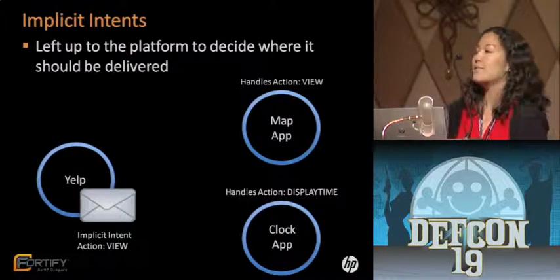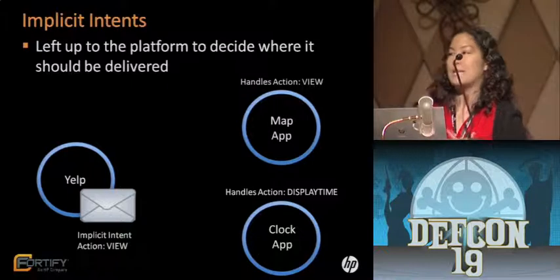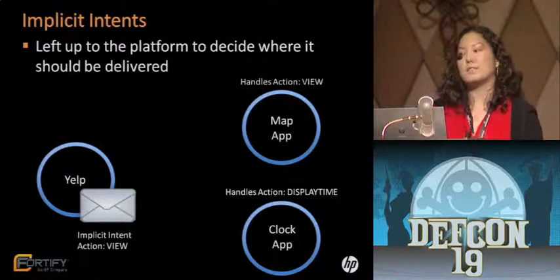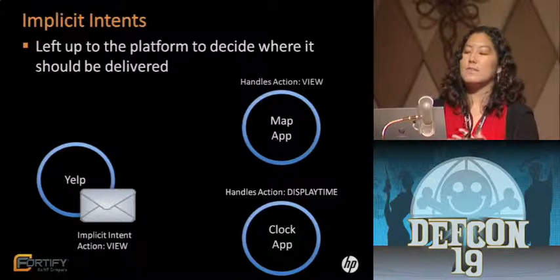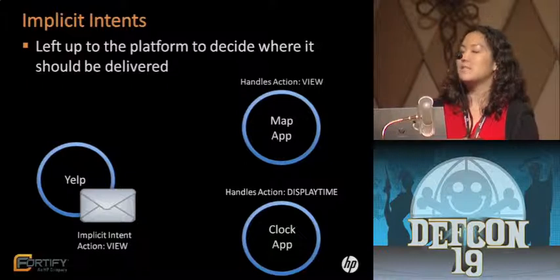The other type of intents are implicit intents, and these are intents without a specific destination. Instead, the developer specifies this thing called an action in the message, and then leaves it up to the system to determine which component is most suited to handle that particular action.